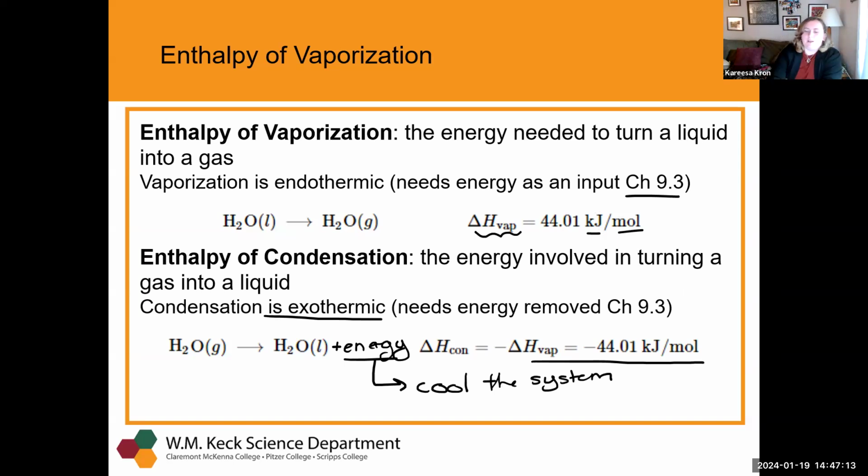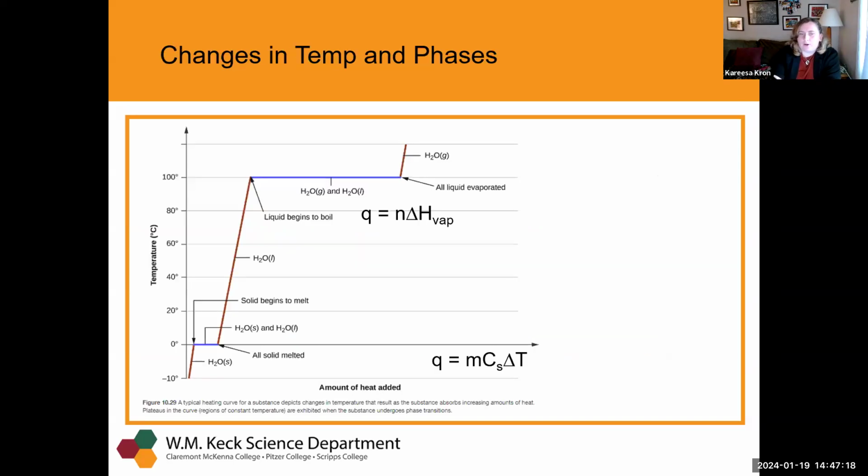What this allows us to do is return to this curve that we had before, where we can describe these portions in red using the change in temperature for a given state. For vaporization, we can say that the heat of creating gas from a liquid for this compound is how many moles of that liquid we have multiplied by the heat of vaporization, or the energy per mole we need.